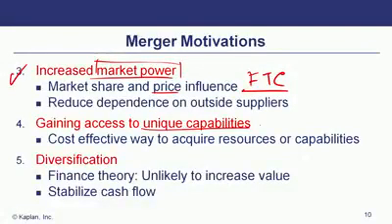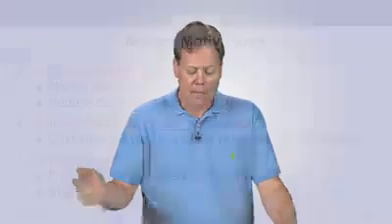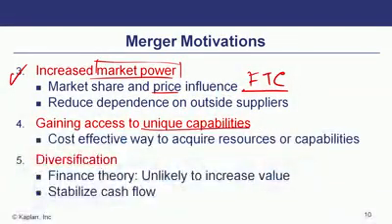The unique capabilities are as varied as capabilities are, so there would be examples in all sorts of different areas. Kraft Foods was acquired because their management team was particularly able to squeeze profitability out of an asset base. So the acquirer in that case wanted access to that particular management team. So anyway, unique capabilities would be one.